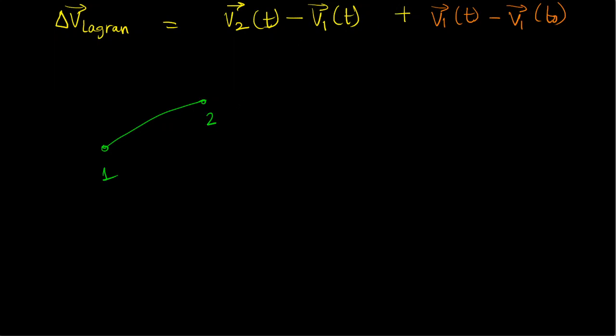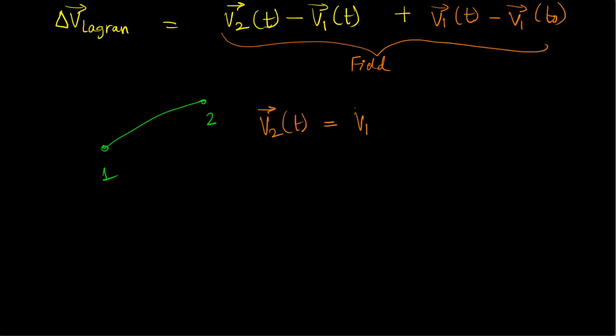Now, given that these are all velocities in a field description, I can write down the velocity at point 2 at a given time in terms of the velocity at point 1 at the same time instant. So how will I do this? I will do it by means of a Taylor series expansion.